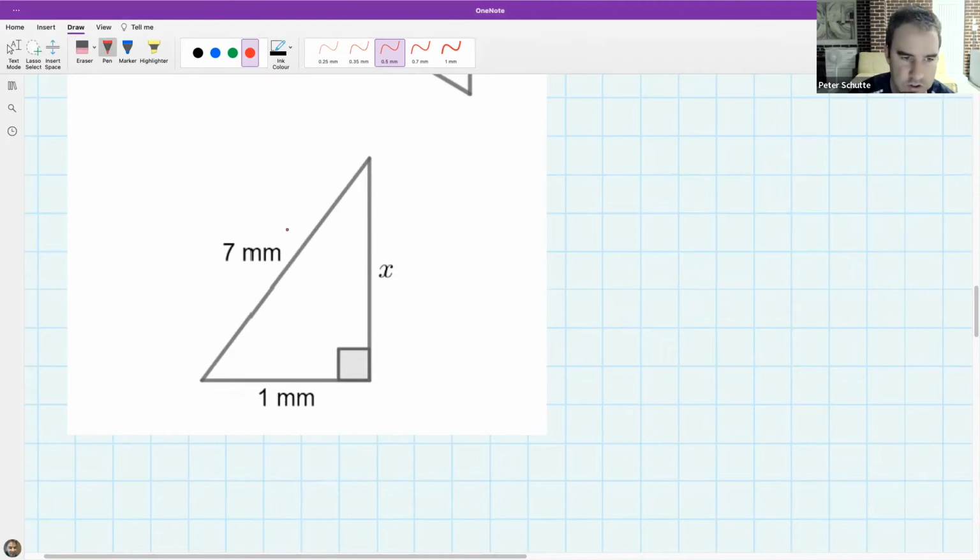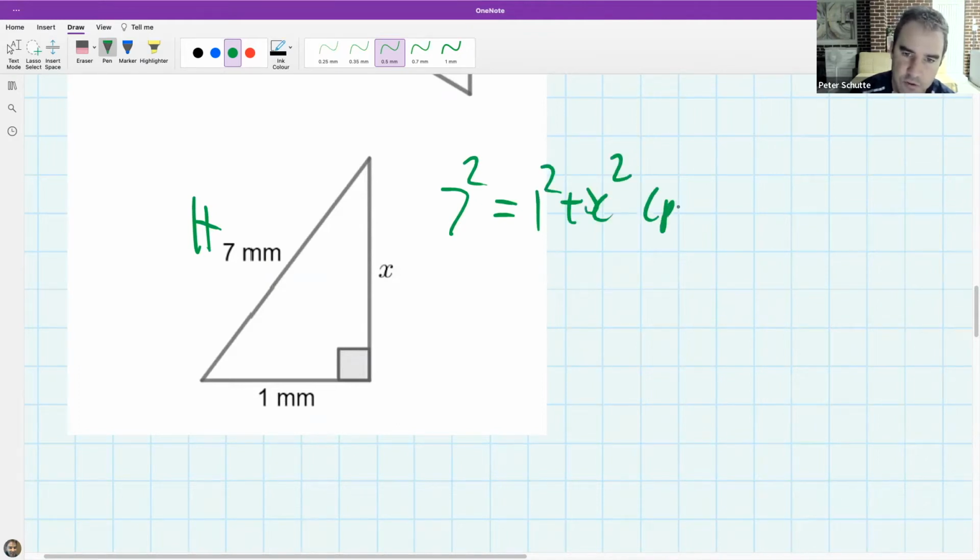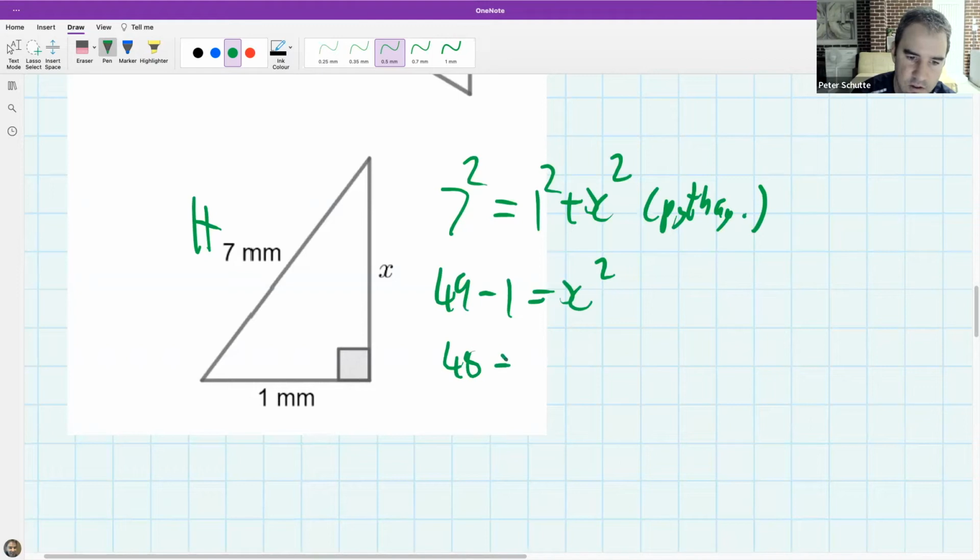Okay, so ask yourself, when you apply the theorem of Pythagoras, which one is the hypotenuse? Some of you will know the shortcut. That's fine too. But basically, the theorem will say something like that. And then 49 minus 1 squared, or 1, it's x squared.